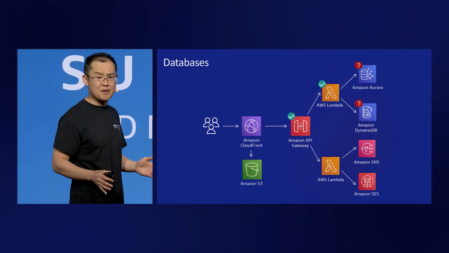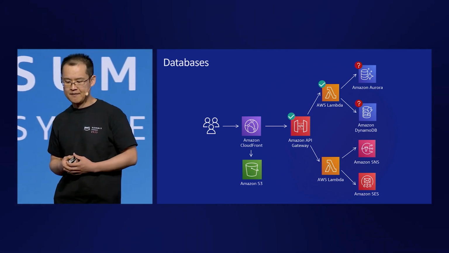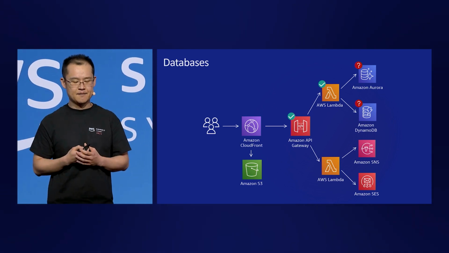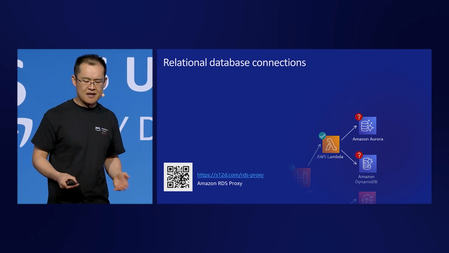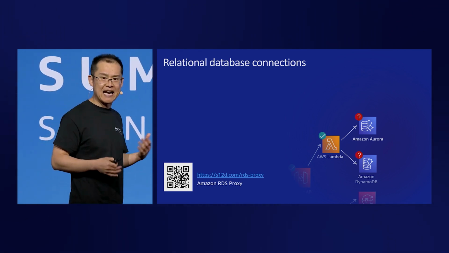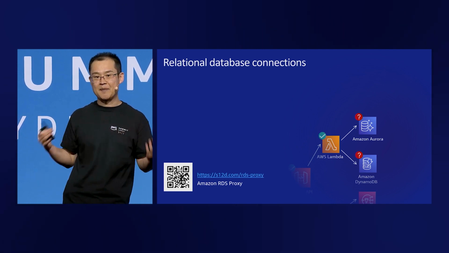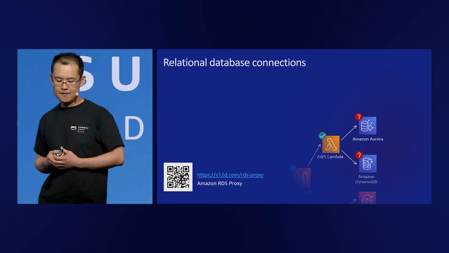Now your API Gateway and Lambda can process tens to 100,000 requests per second. The next bottleneck is likely to be happening in your database. Each of your Lambda function invocations may open and close relational database connections at a very high rate. And this may exhaust your database connections and your database resources.